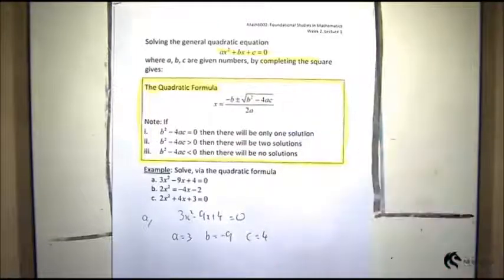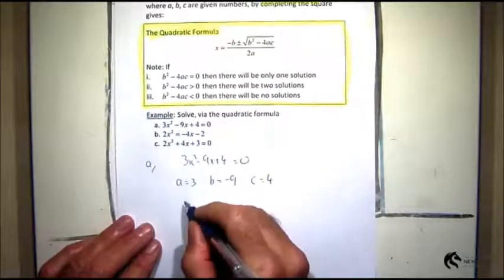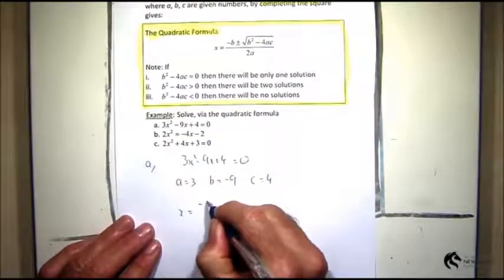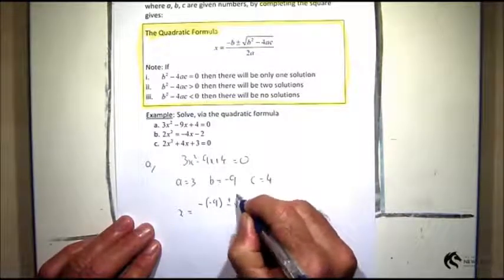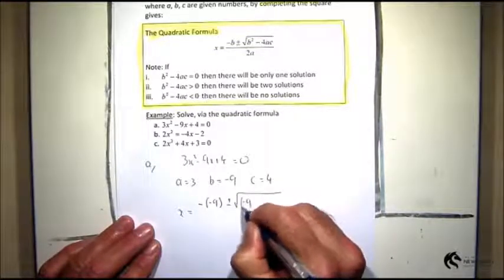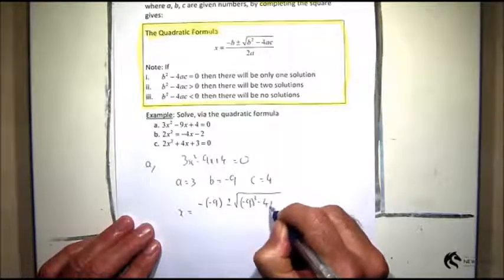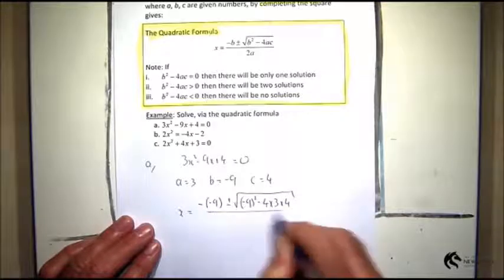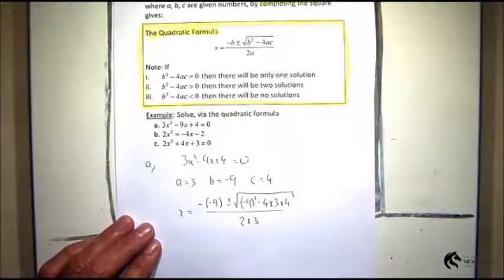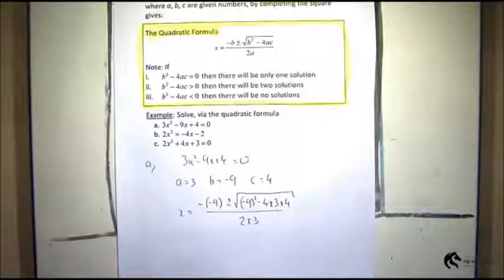So it says the solutions to my equations will be x is equal to negative b plus or minus the square root of b squared minus 4 times a times c, all divided by 2 times a. So by substituting in the formula, I have my solutions.